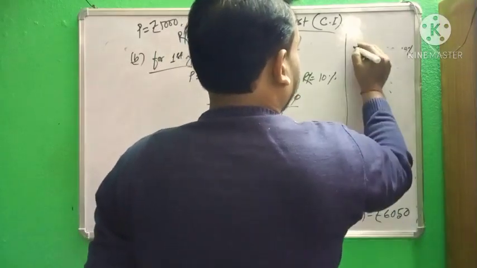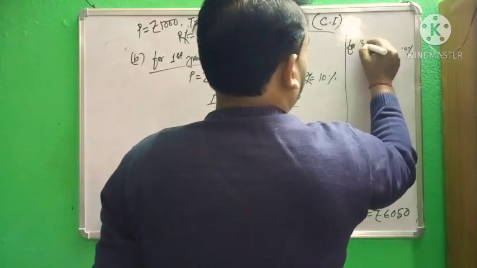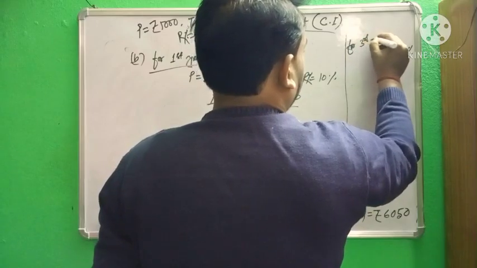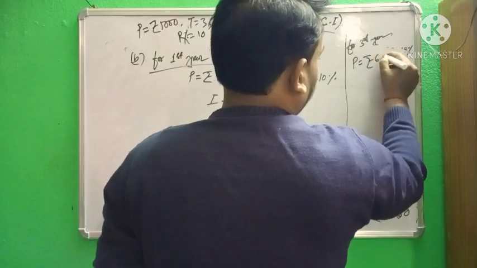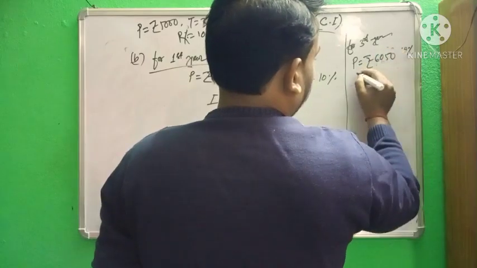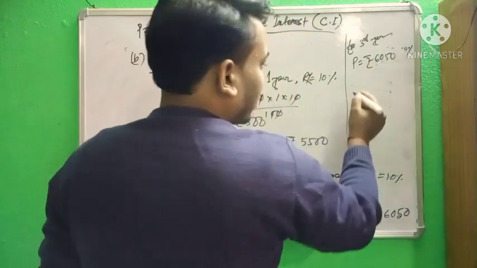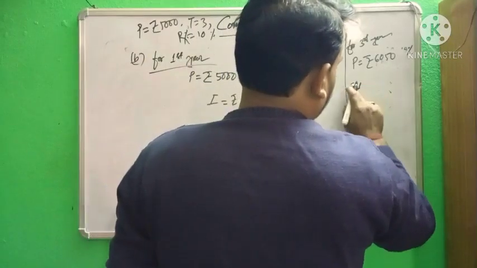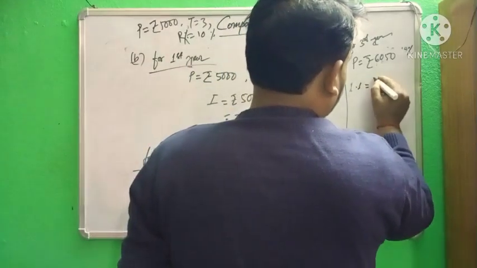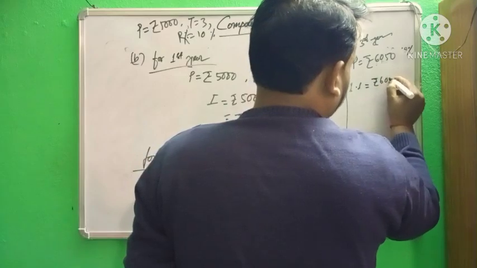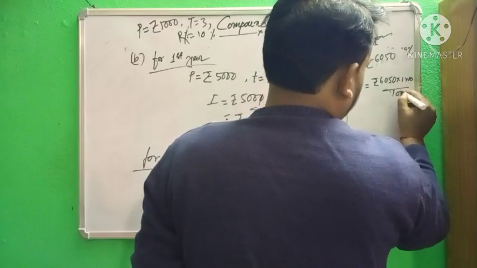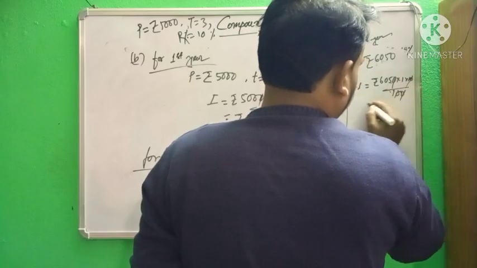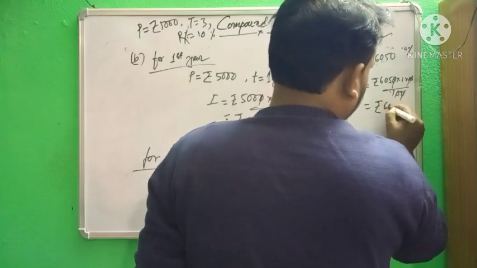For the third year, the principal equals rupees 6050. T is the same, therefore the interest is 6050 into 1 into 10 by 100, zeros cancel, so rupees 605.